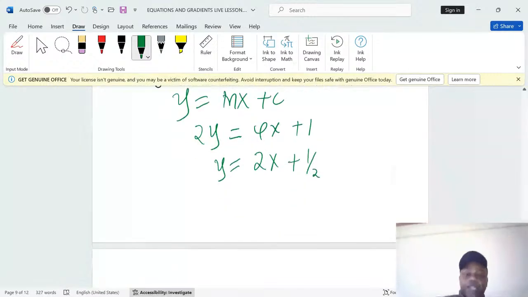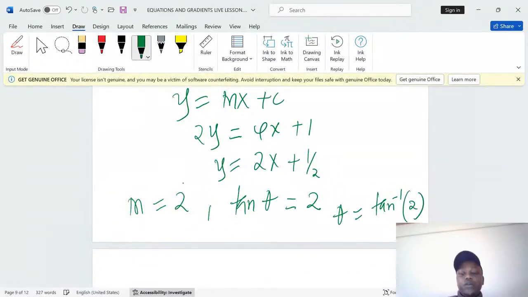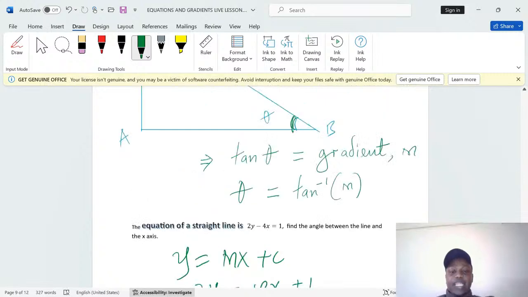And this means the gradient is 2, that is the coefficient of x, and also the tan of the acute angle is equal to 2, which means for us to get the angle now, we need to obtain the tan inverse of 2, and this will give us the angle made by the line and the x-axis. Tan inverse of 2 will be 63.43 degrees.